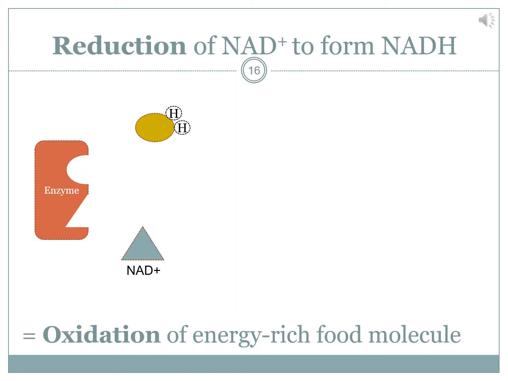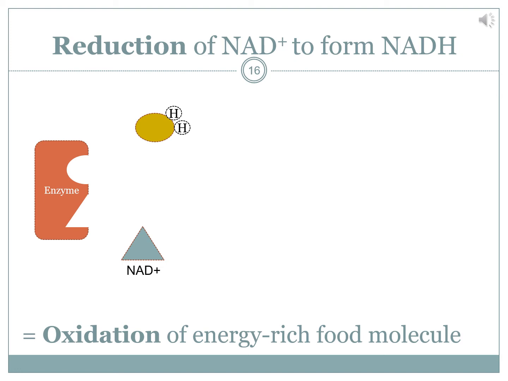This animation shows the reduction of NAD+ to form NADH. In it, you can see the enzyme in orange is going to interact with the cofactor NAD+, which will have its own binding site, and then a food molecule will have its own binding site. The food molecule is the substrate, and it has its own active site. Here the food molecule could be anything, but it's just showing you 2 hydrogens attached.